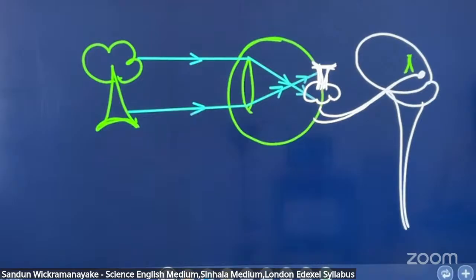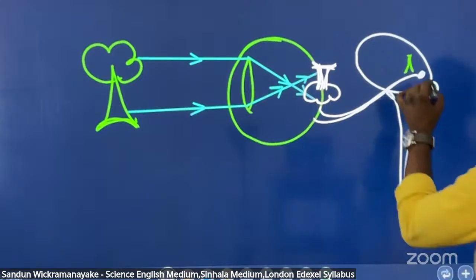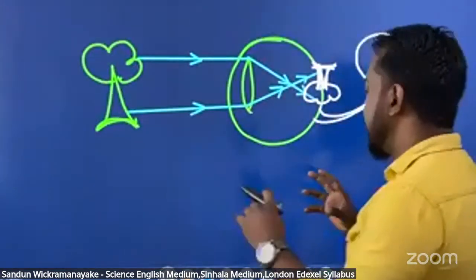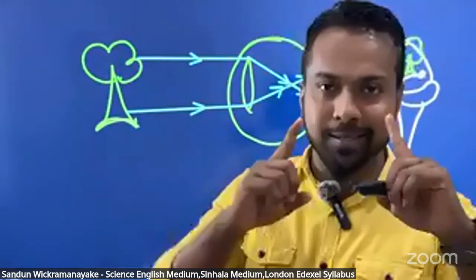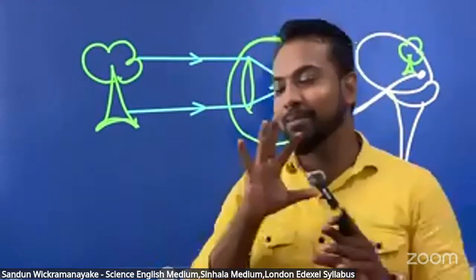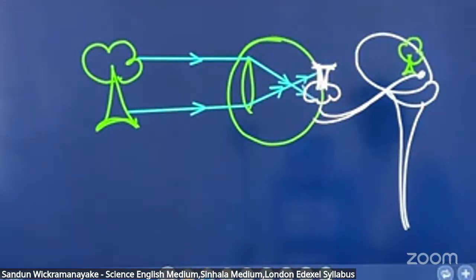You can observe that tree like this, the correct way, right? So we need two eyes, two optic nerves, and the human brain to observe some objects. Okay, so this is what happens inside of this human eye.